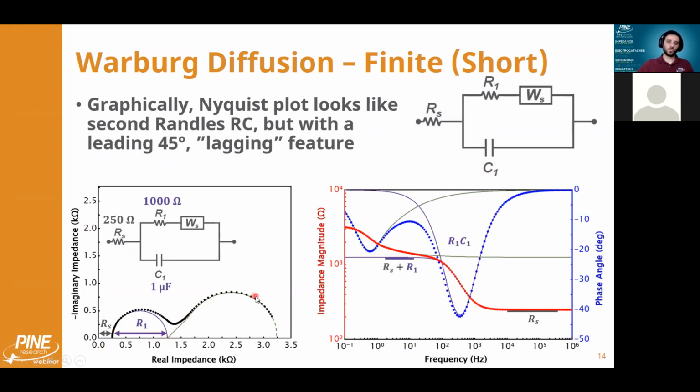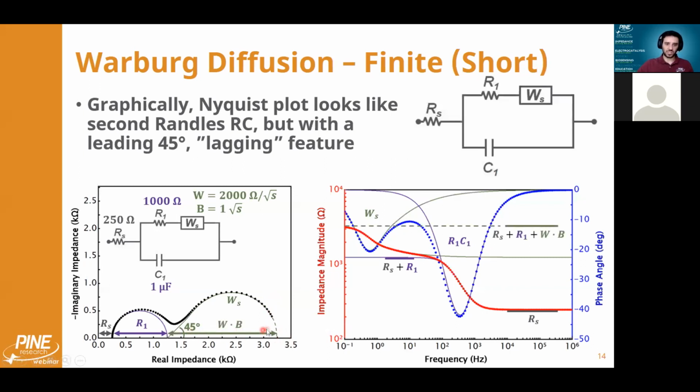And then we have this Warburg short. At the higher frequencies, we have this 45-degree angle, just like with the infinite Warburg, because that's what it looks like at the higher frequencies. And then this curls down and it starts to reach a constant. Eventually, if I went to low enough frequency, it would reach a 0 phase angle and it would reach the x-axis.